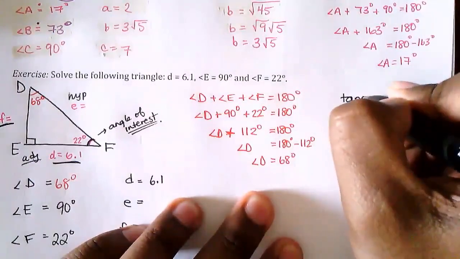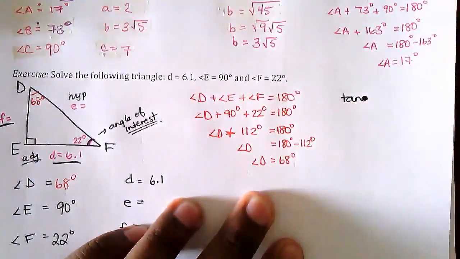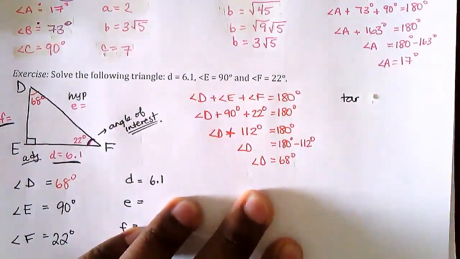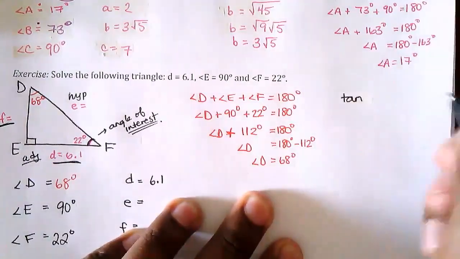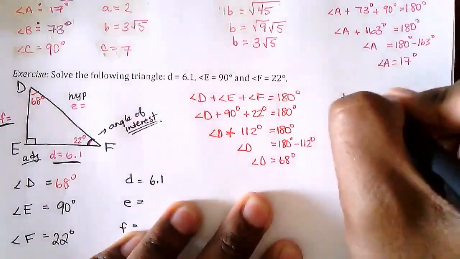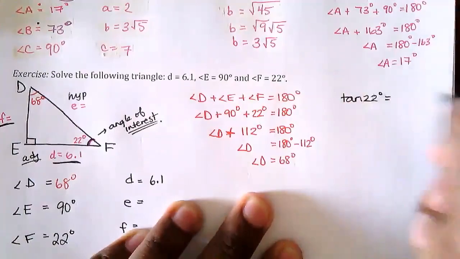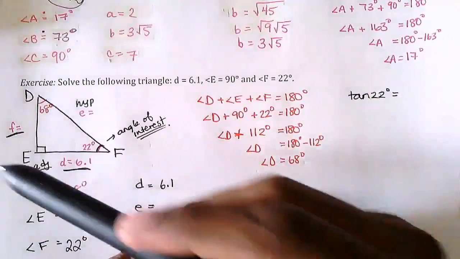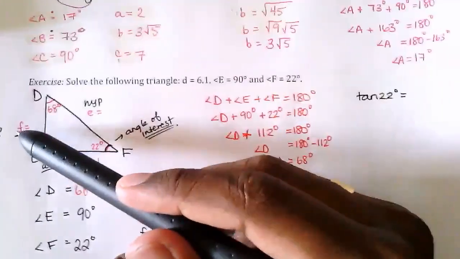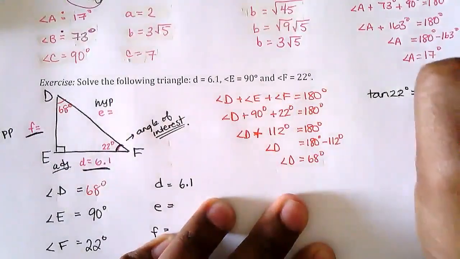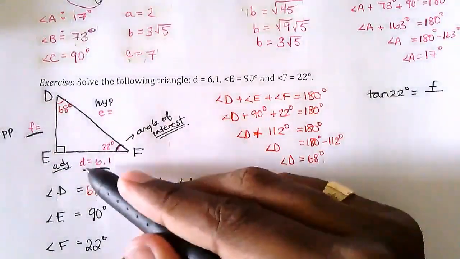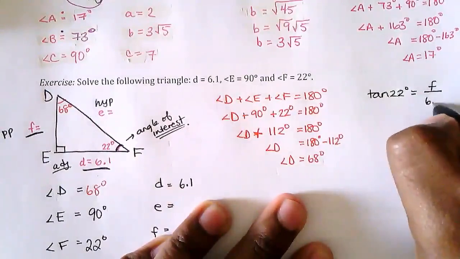So the tangent of the angle of interest, 22 degrees, is equal to opposite over adjacent, opposite being f here, so that's what it mentions here. f is my opposite, and adjacent is 6.1.